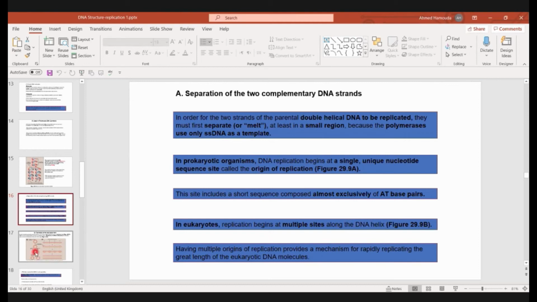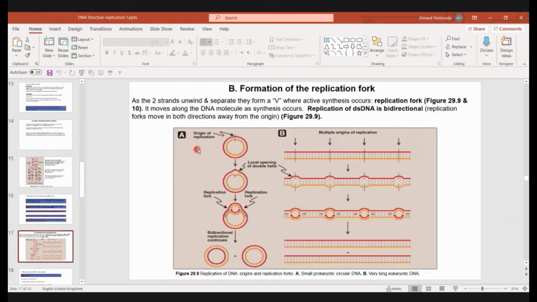So if you look at this image, A is in prokaryotes and B in eukaryotes. In A, you have the origin of replication where the AT, as I mentioned, is there. Then there is a local opening. On the left, you see this is a bacterium. However, in humans, for instance, eukaryotes, you have many sites opening because the chromosome is big.